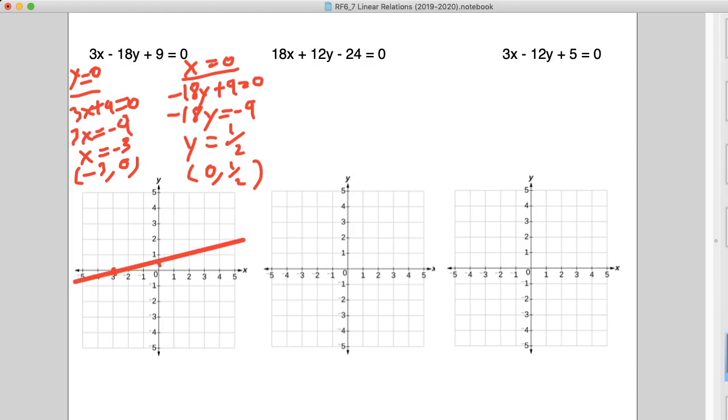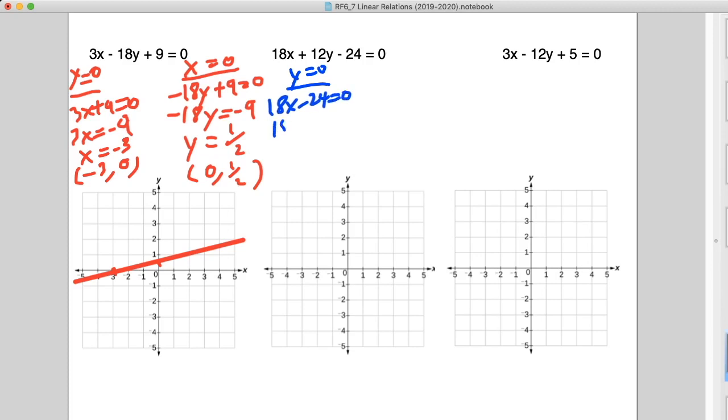The second example on this page. So when y is equal to 0, it means that this whole middle term is going to disappear, and we'll be left with 18x minus 24 is equal to 0.